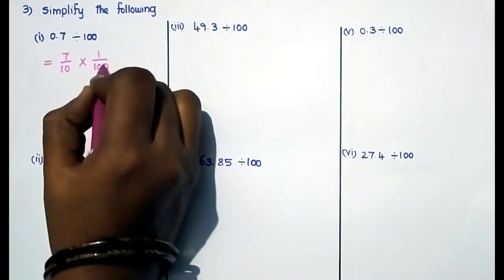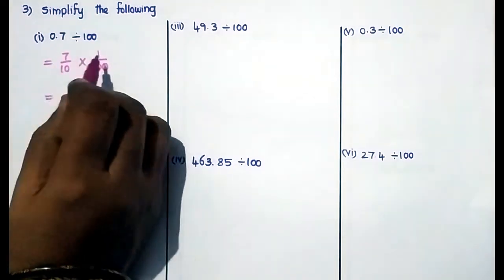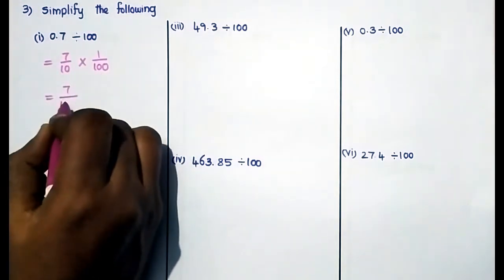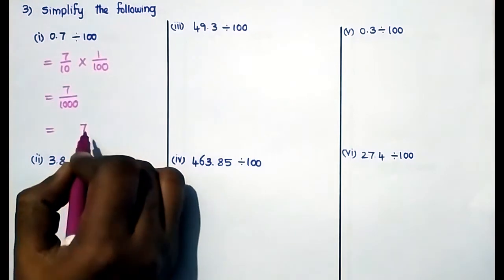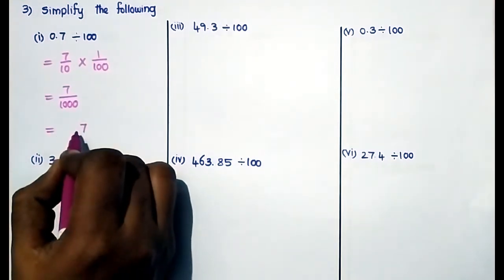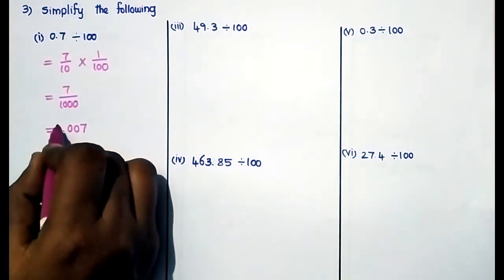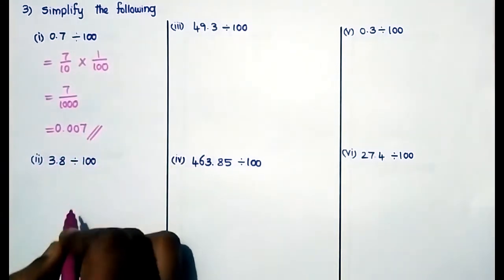That is 1 by 100. Now multiply the numerators. 7 into 1, 7 divided by 10 into 100, 1000. Before 3 digits we have to keep the point. So 7, add 2 zeros and then keep the point. So 0.007 is the answer.